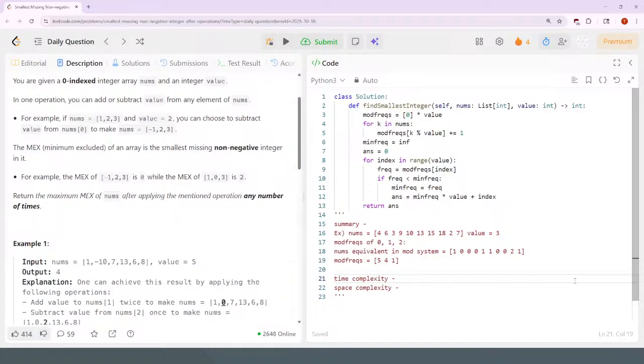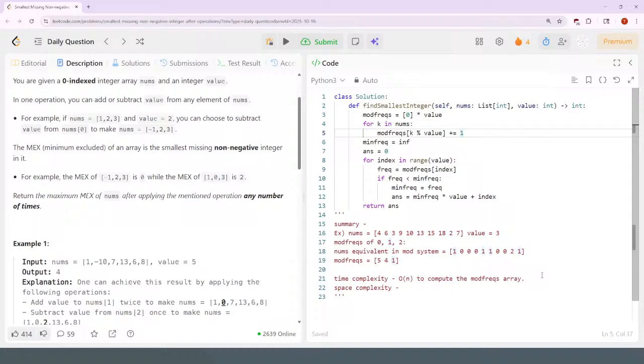Time complexity can be O of n to compute the mod frequencies array. I mean, that's just going through all the values of nums and doing that kind of arithmetic to it.